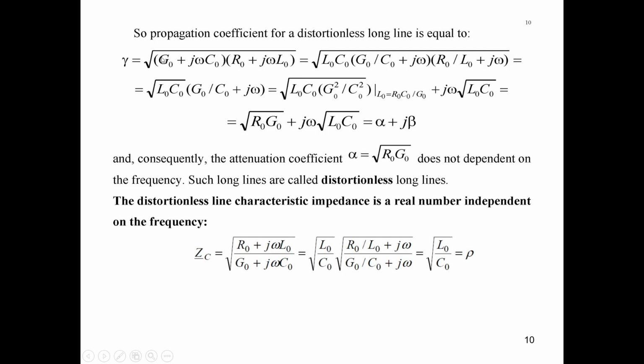Gamma squared was equal to the product of these expressions in brackets, but gamma is the square root of this product. Here we can rearrange this equation.